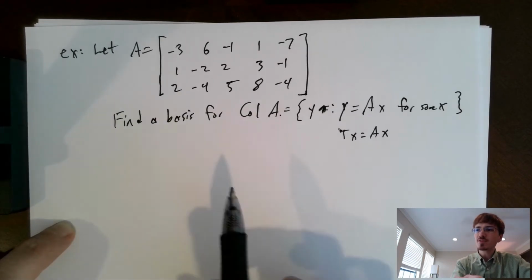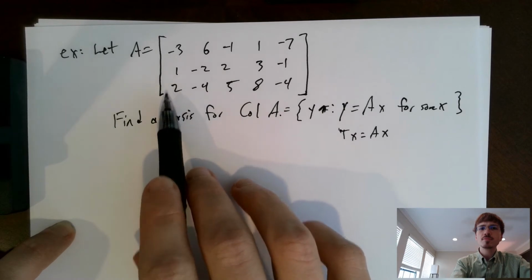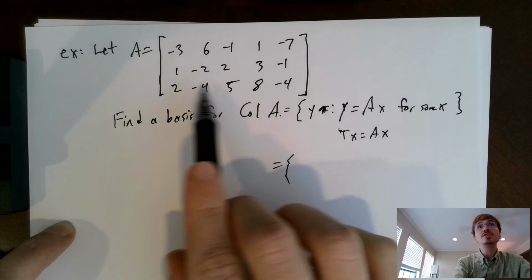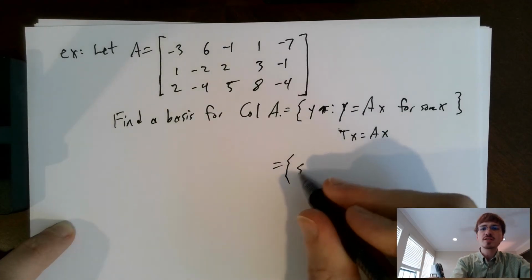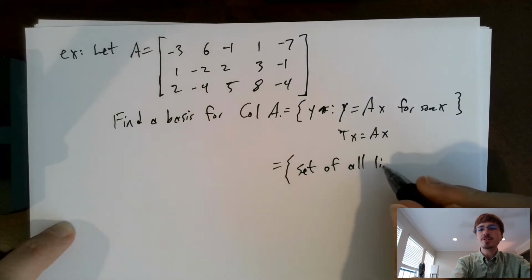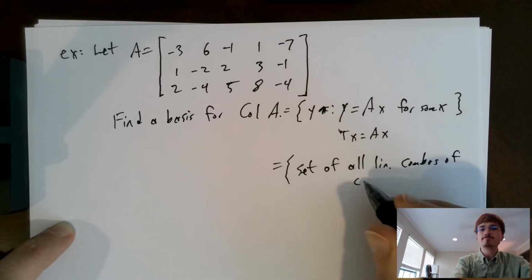And it's also the set of all vectors that are linear combinations of these vectors, so it's also the set of all linear combinations of the columns of A.